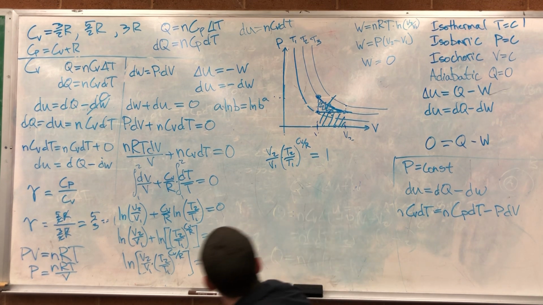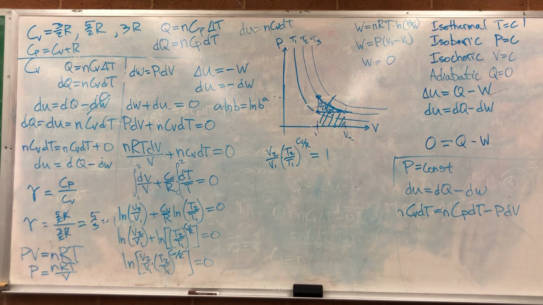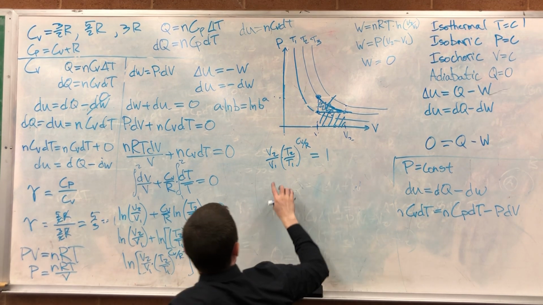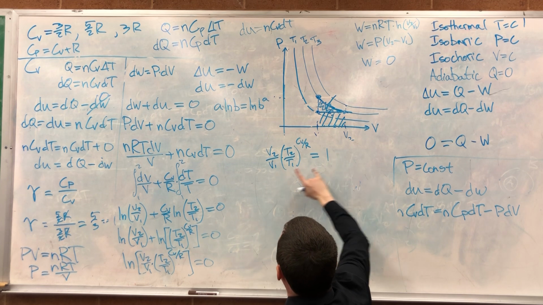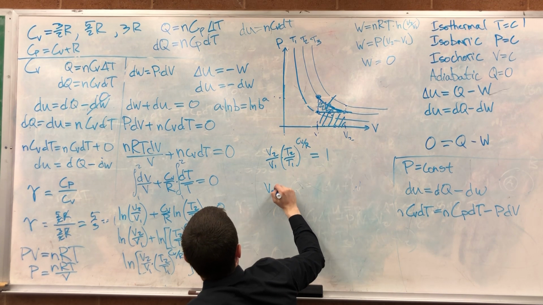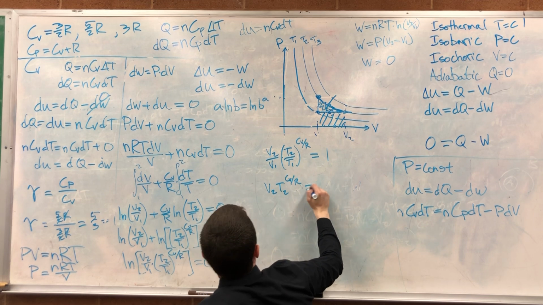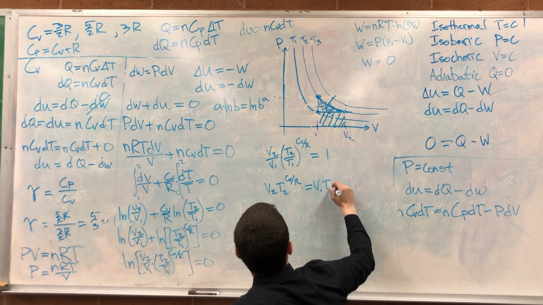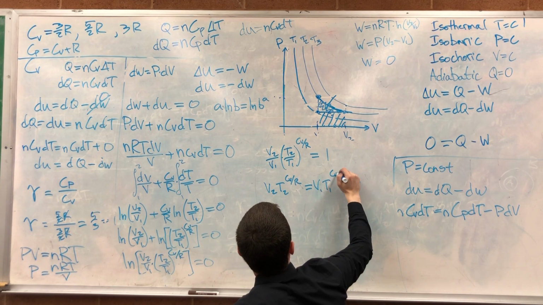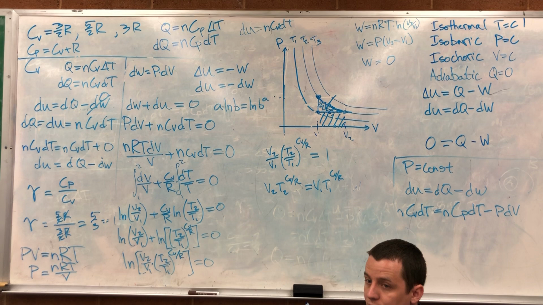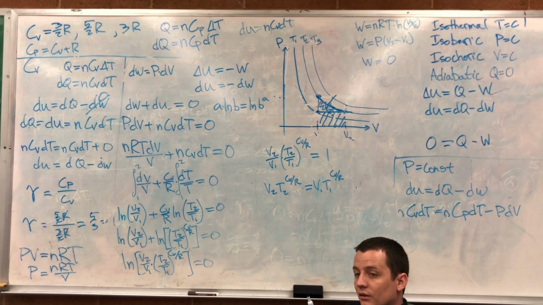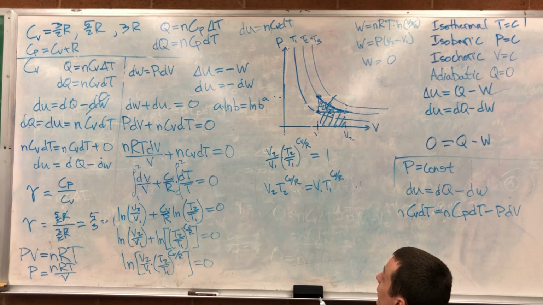And we can flip that over to the reciprocal. Let's see what they end up getting after here. Okay, so they just put the denominators over there. So I'm going to multiply both sides by V1 T1 to that. And so V2 T2 to the CV over R is equal to V1 times T1 to the CV over R. Oh, so they're directly correlated with each other?